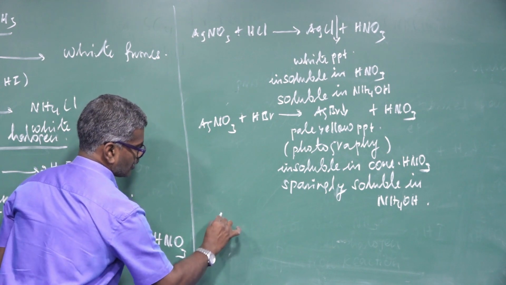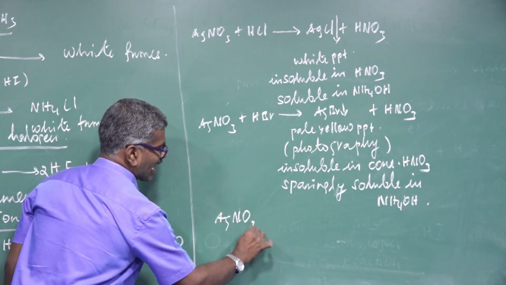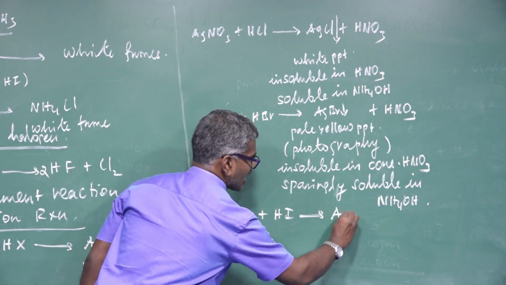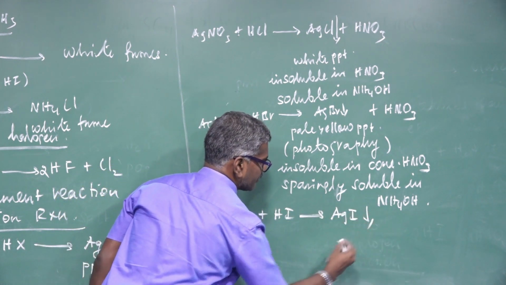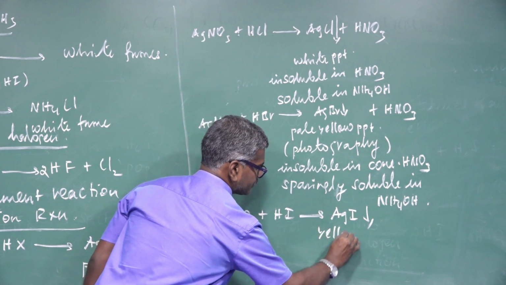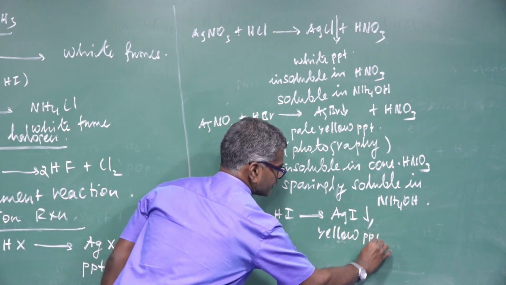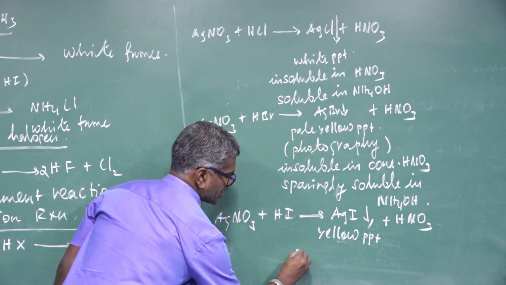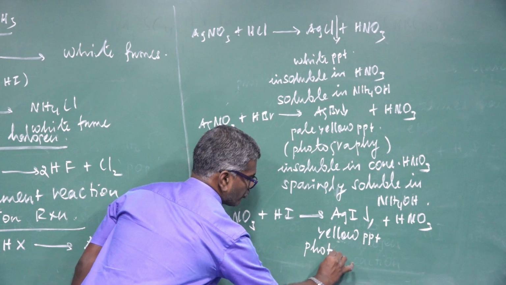Next, silver nitrate reacts with HI to form AgI as a yellow precipitate plus nitric acid. This is also used in photography.